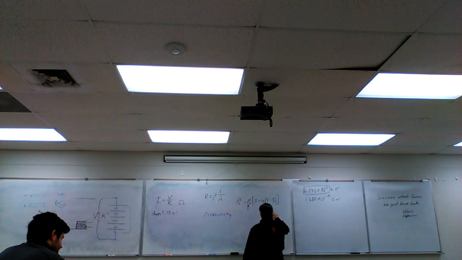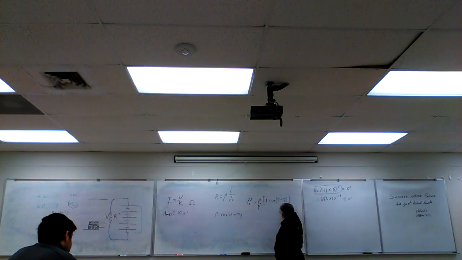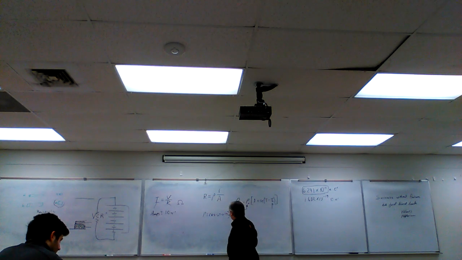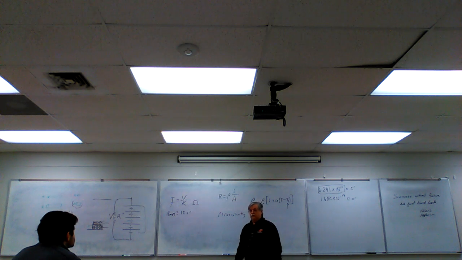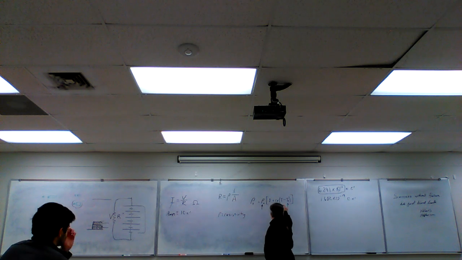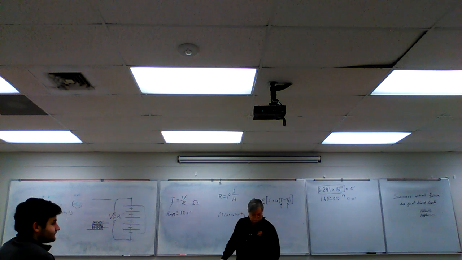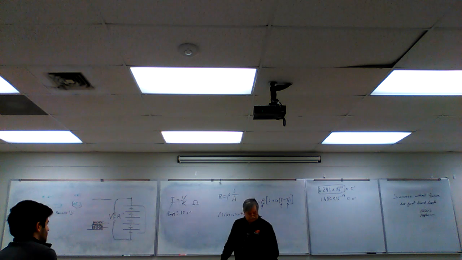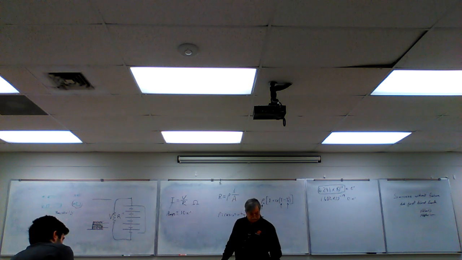Anyway, rho sub naught is the resistivity at T sub naught, which is your reference temperature. And then from that, you would go to the temperature that you're interested in finding out. Alpha is a coefficient from the table on the previous page.